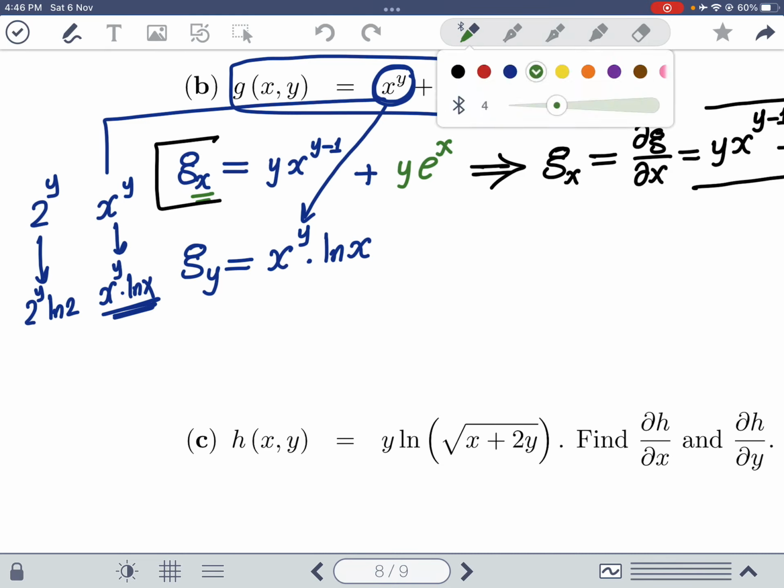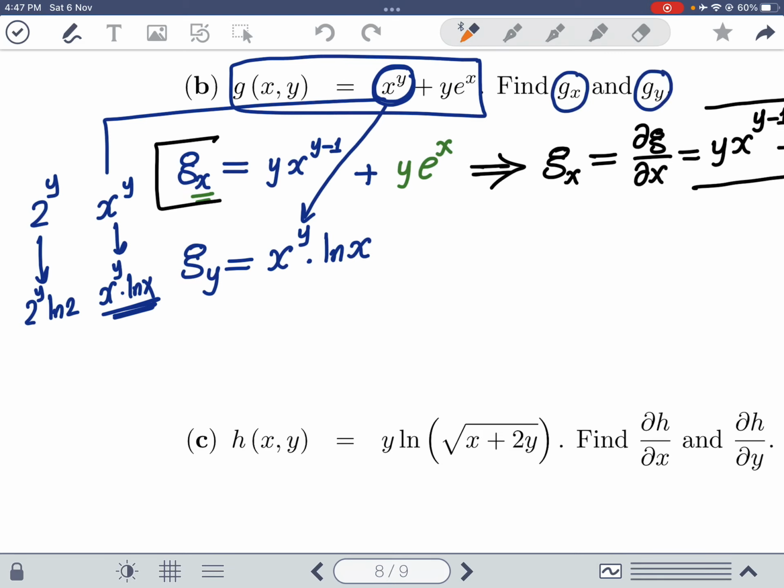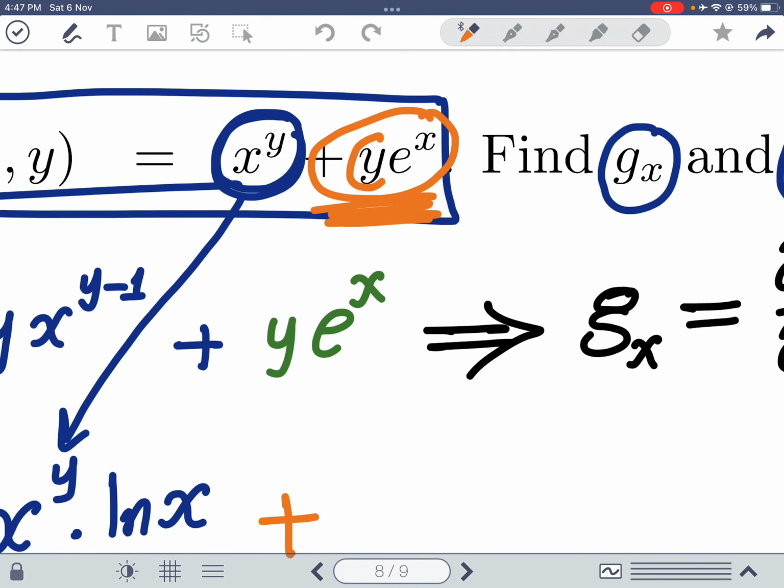And now the second part, let's do it in orange. This part with respect to y is very easy. With respect to y, it's y multiplied by a constant. This e to the x is like a constant, like number 3. If you had y times 3, this is like 3y.